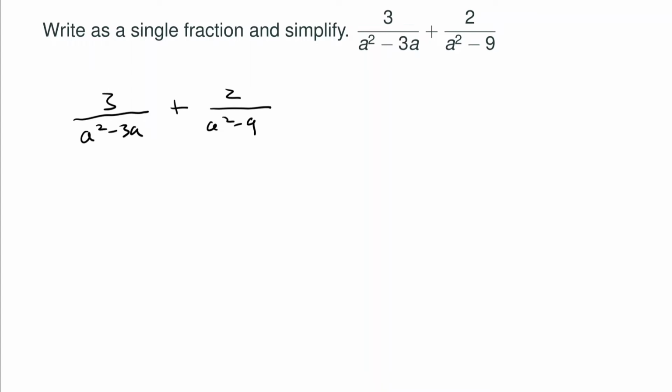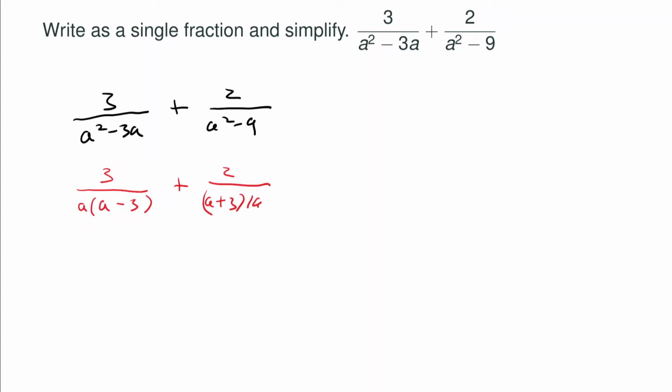In order to do that, we can factor the bottom, which is a minus 3 for the first one, and for the second, this is the same as a plus 3 times a minus 3. Oops, sorry, a minus 3.